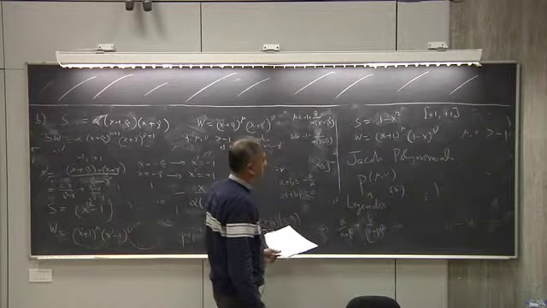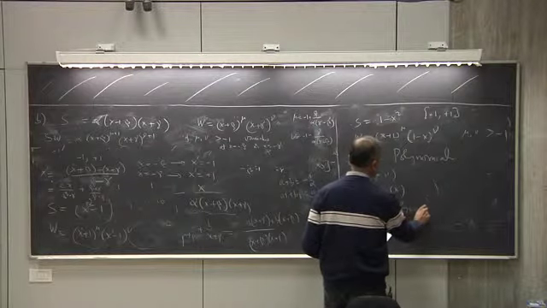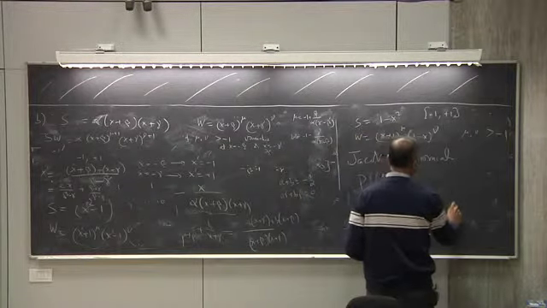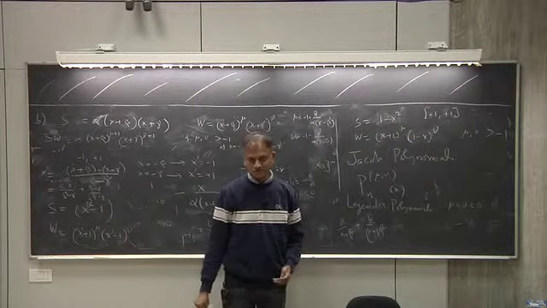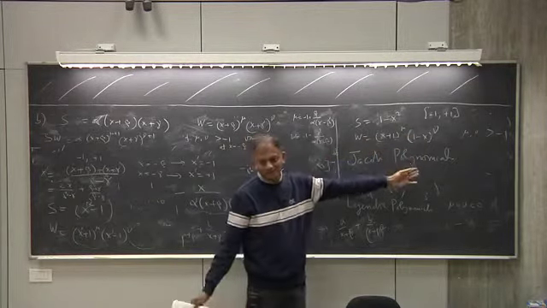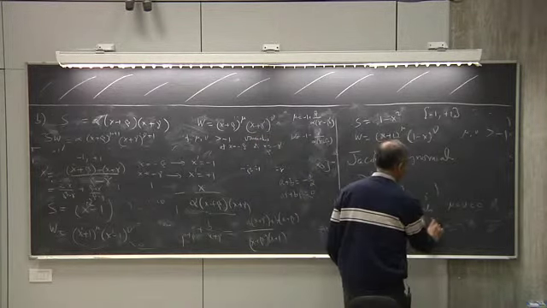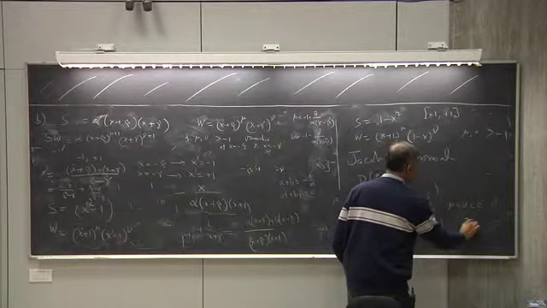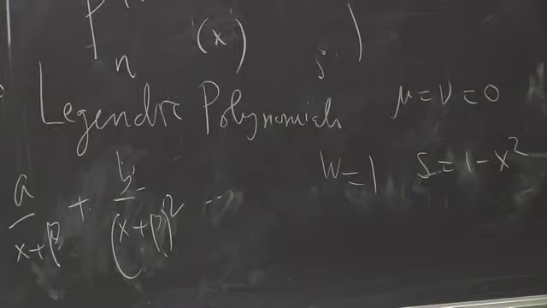That corresponds to the case where you choose mu equal to nu equal to 0. It's very simple. W is simply 1. So in this case, W is simply 1, and S is 1 minus x squared.